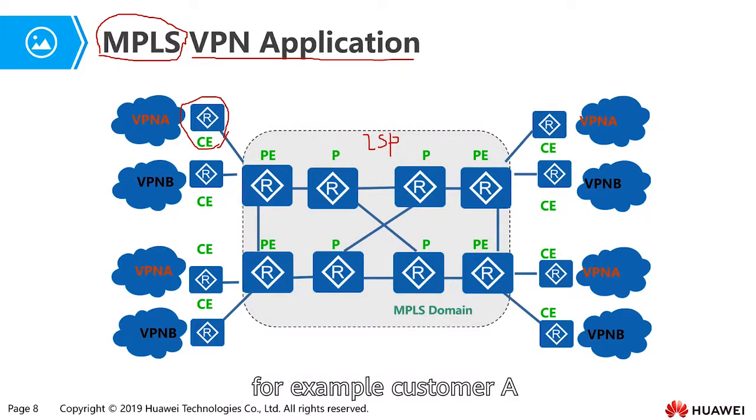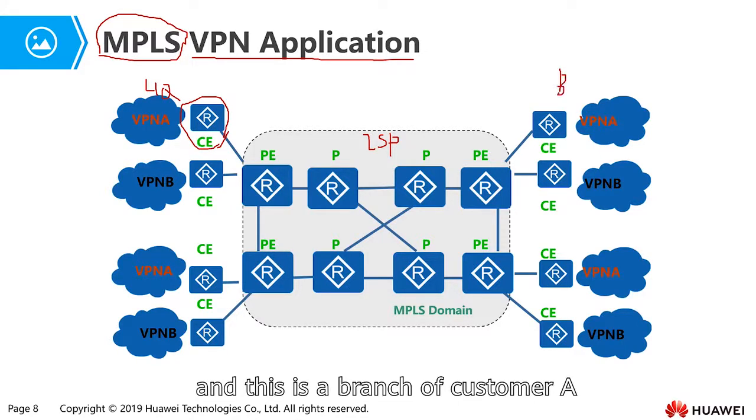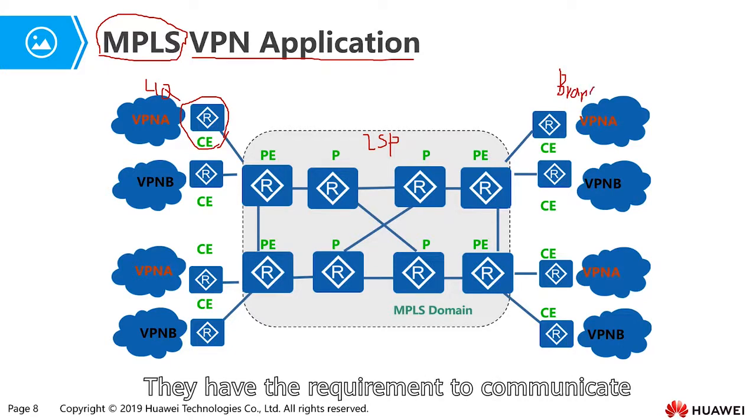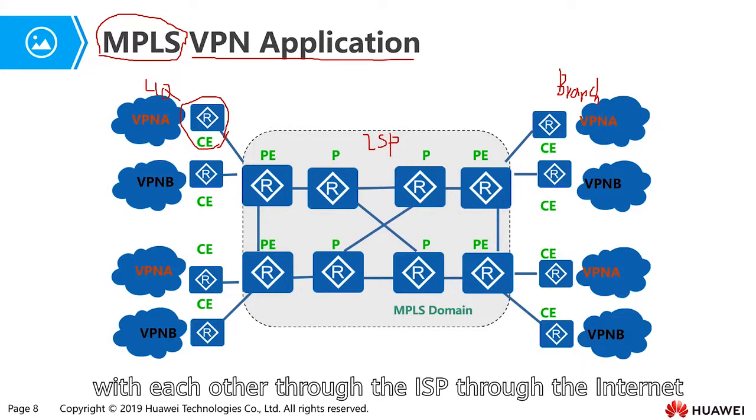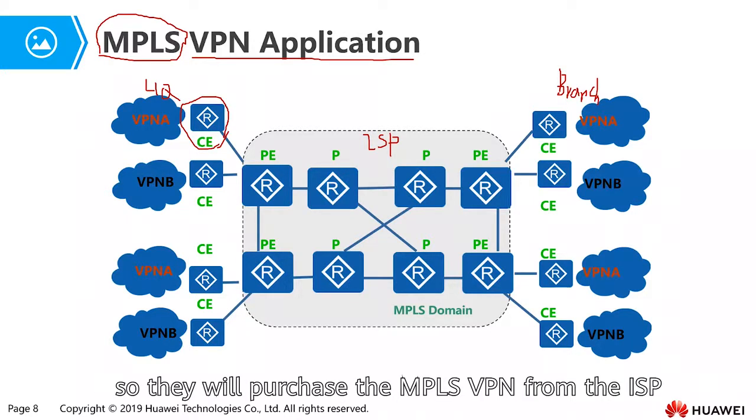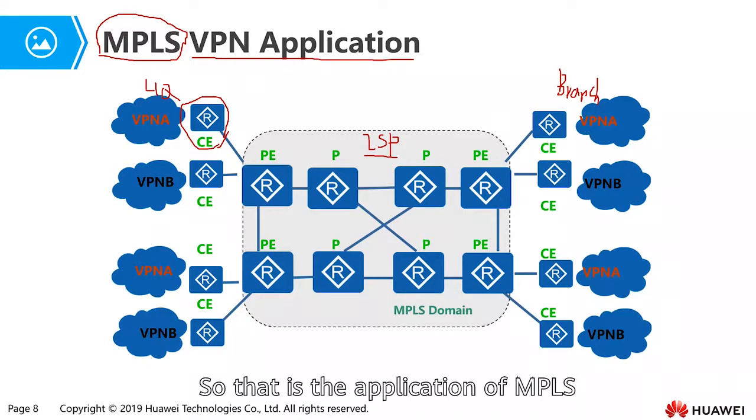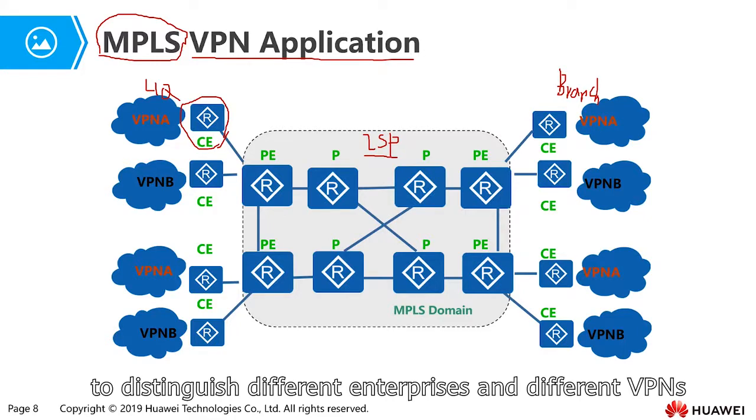For example, this is the headquarters of customer A, and this is a branch of customer A. They need to communicate with each other through the ISP, through the internet, so they will purchase the MPLS VPN from the ISP. That is the application of MPLS, and we can use MPLS VPN to distinguish different enterprises and different VPNs.